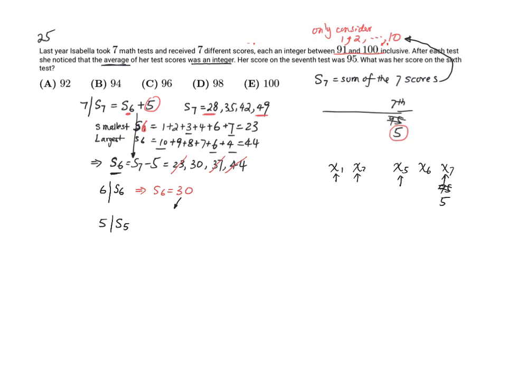It's also divisible by 5, and you can see that S5 must be either 25 or 20. I know it cannot be lower than 20, because take a look at the smallest possible S5.